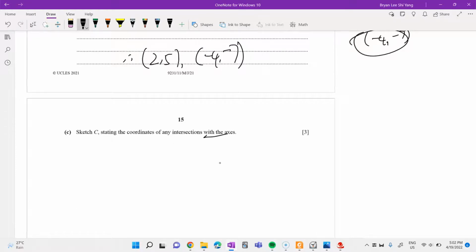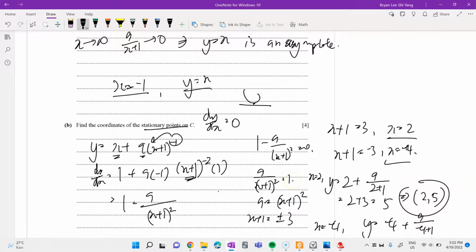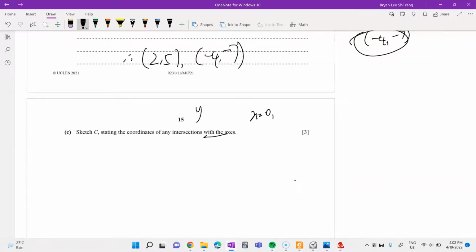Now, intersections with the axes basically means either x or y is 0. If we have x equals 0, since we have the equation y equals x plus 9 over x plus 1, y would be equal to 0 plus 9 over 1 equals 9.